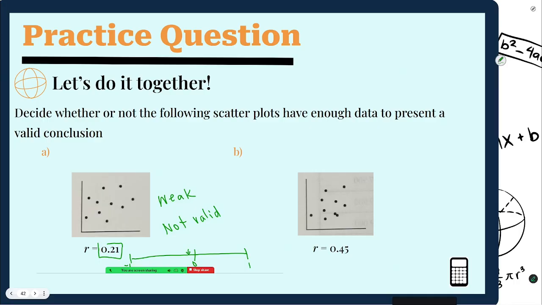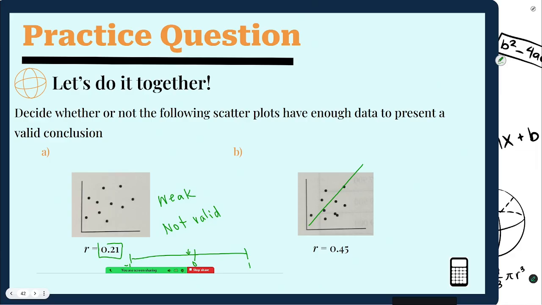Now the next graph that I have on the board also has these 10 points that are a little bit more tightly clustered together. We could say that there's probably a positive correlation. We can see there's a little bit more of a shape going up to the right.